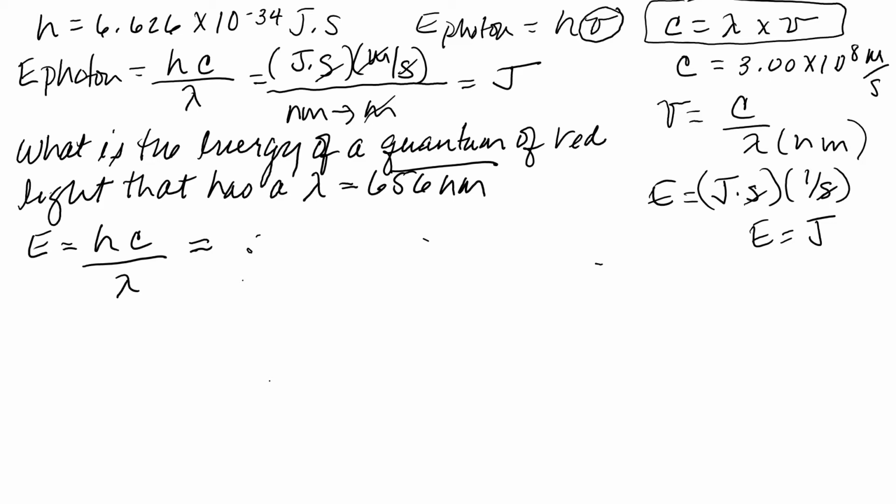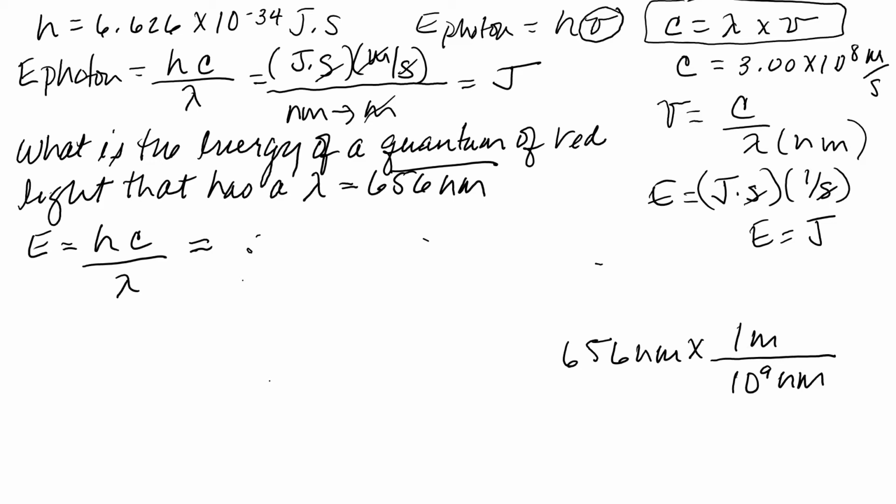So I'm going to do that down here. We have a wavelength of 656 nanometers, and the relationship between nanometers and meters is, in 1 meter, we have 10 to the 9th nanometers.